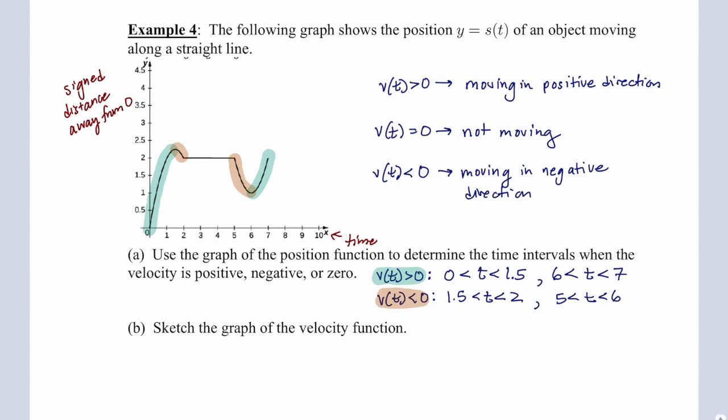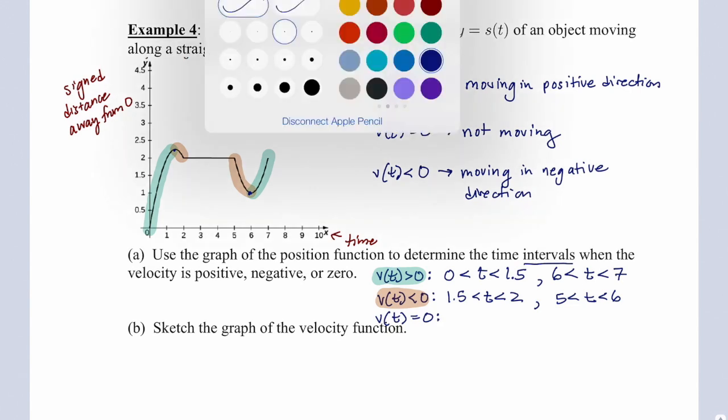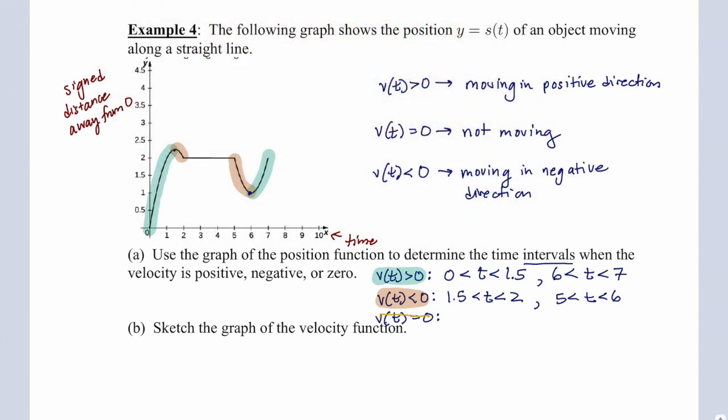And then while there are some instances where the velocity is 0, they're asking us for actual intervals when the velocity is 0. So that would be this little stretch in the middle where we see no change in position.